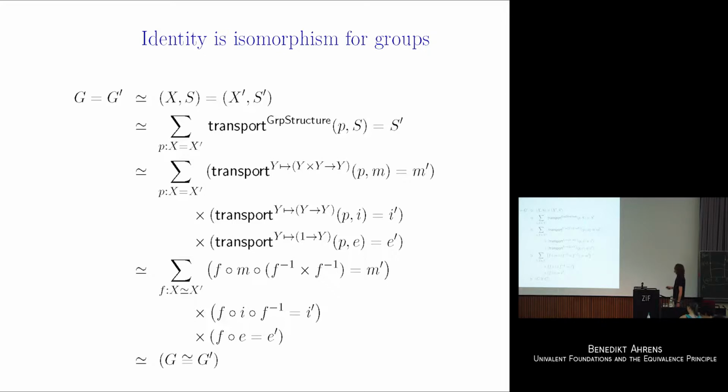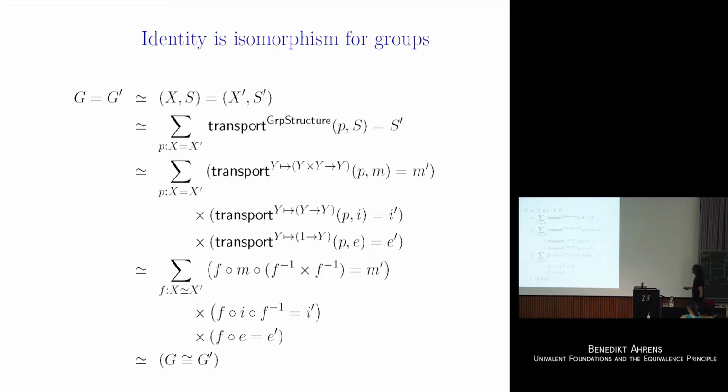What does it mean that the transport of the group structure S should be the same as the group structure S prime? Well, S itself is a tuple of several operations and several properties. We ignore the properties for the time being.